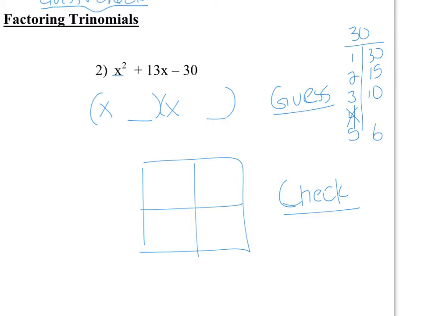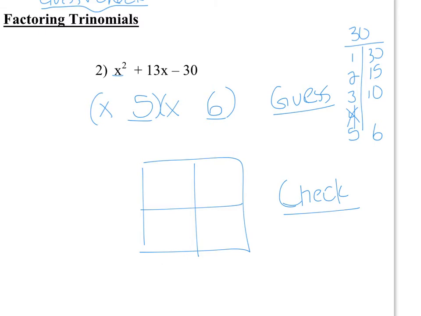As you get going through this, you may be able to eliminate some of these, saying, oh no, that's definitely not going to be the answer, but we'll do it. We're going to guess first. I always like to pick the two numbers that are closest together, 5 and 6.